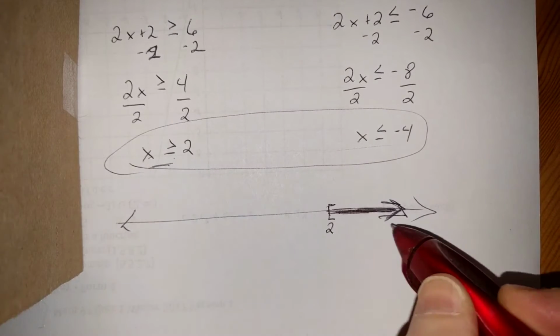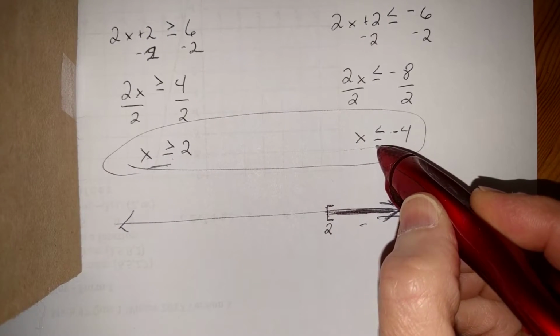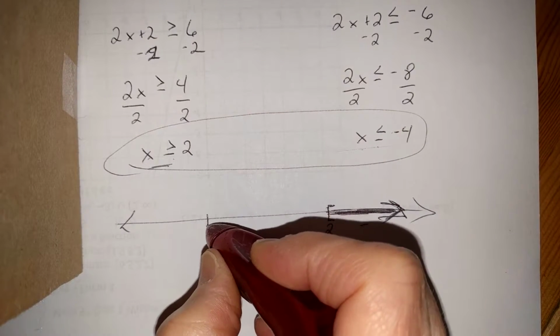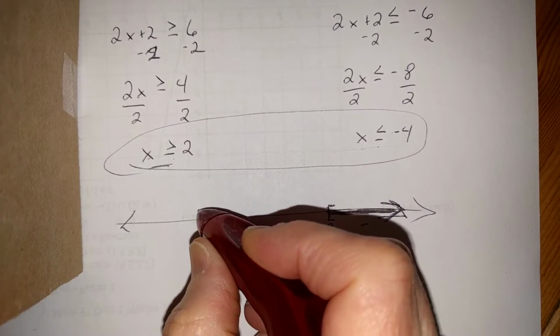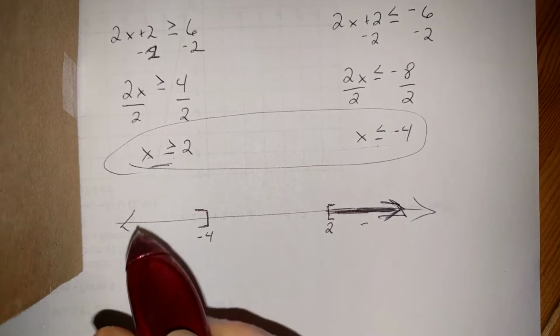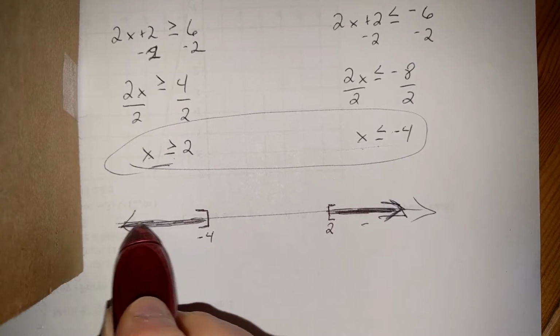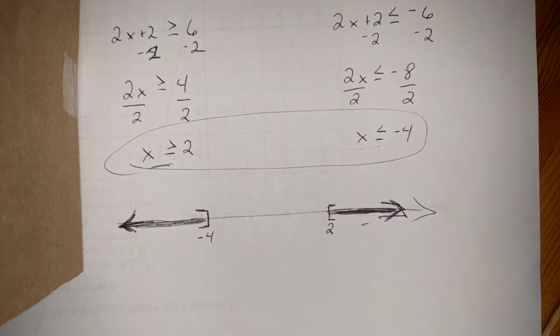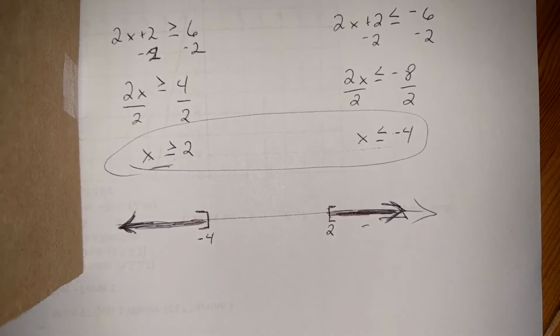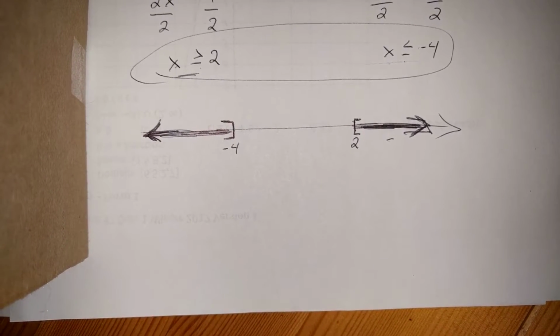That's this side over here. And x is less than or equal to -4. Well, there would be a point at -4 here. Again, it's a square bracket because -4 is included. Only this is less than, so it's going down away from 0, -4. So this is my solution on the number line.